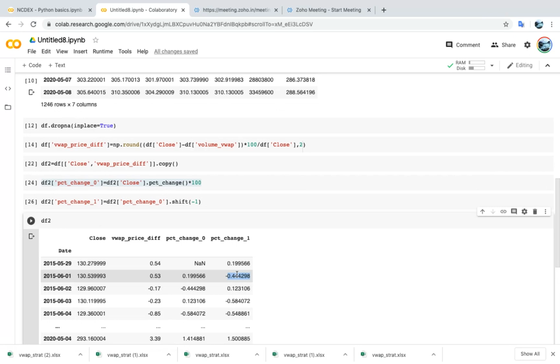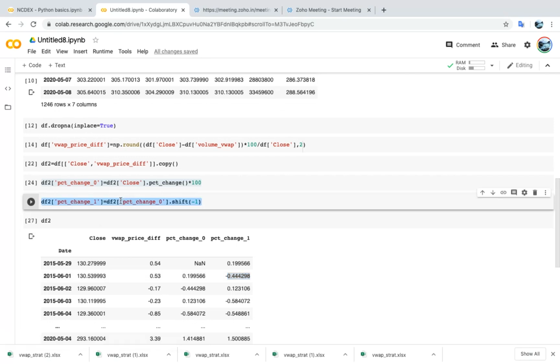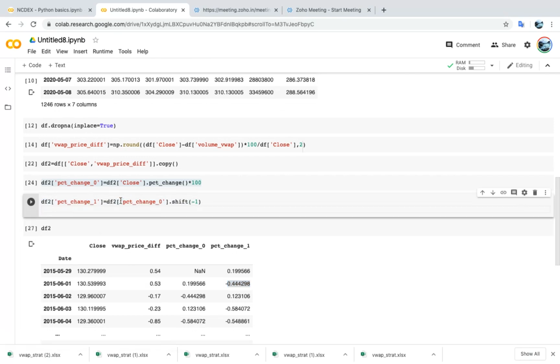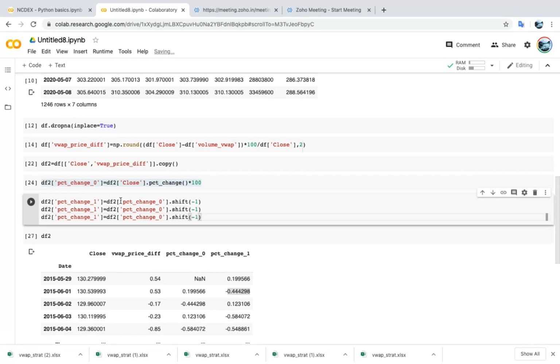So I hope you understood what I'm trying to achieve. It is just to simplify the calculation in future. If you want to check how much percentage change was going to be tomorrow, then we can calculate it like that. Similarly, let's do it for the next 2-3 days. I'm doing it for the next 2 days, next 3 days.